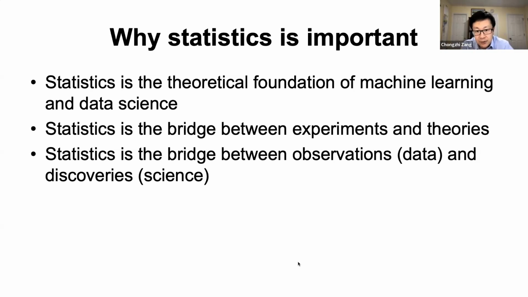So how do we connect observational or experimental data into a more theoretical form? Statistics is the important link. It makes sense of the experimental data. And the third point is that statistics is the bridge between observation, which is the data, and the discoveries, which is the real science part.